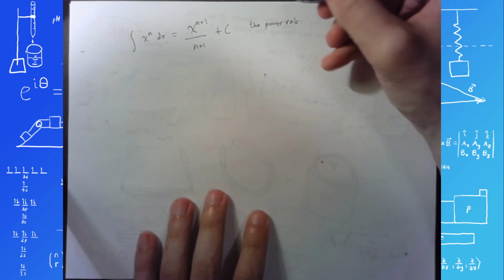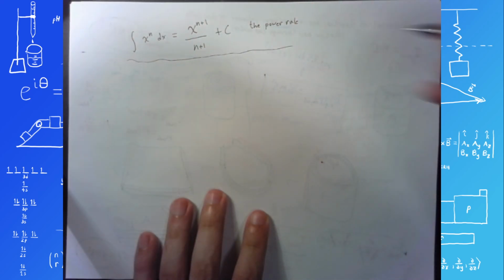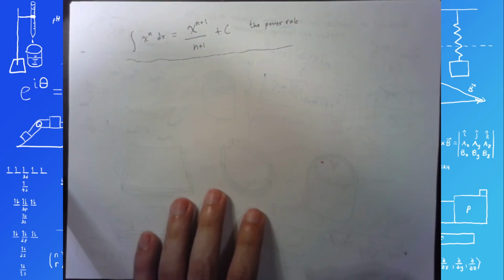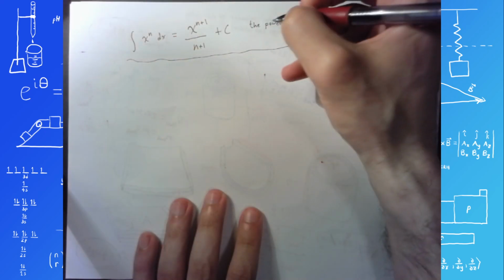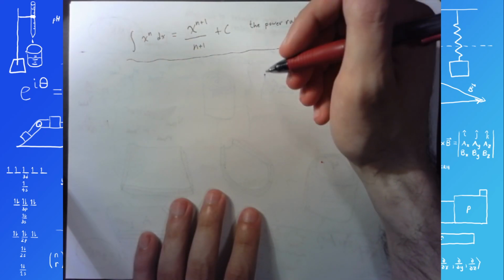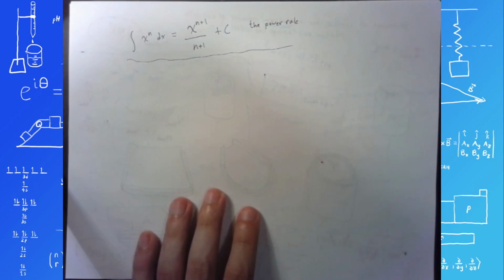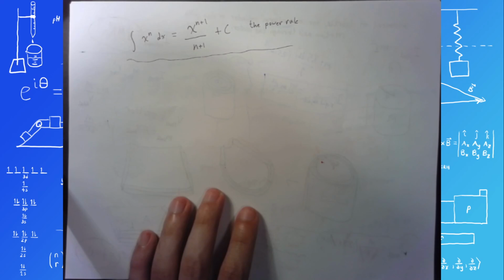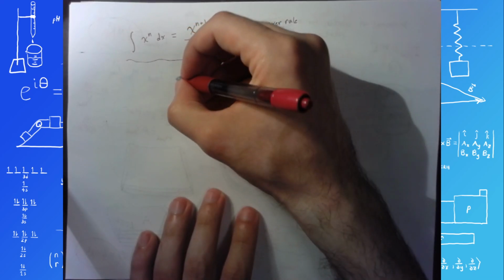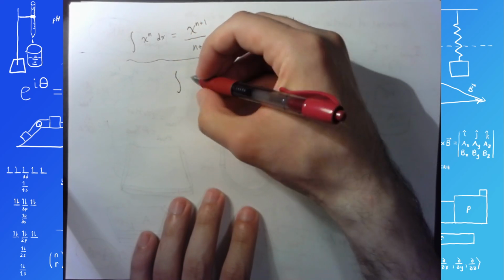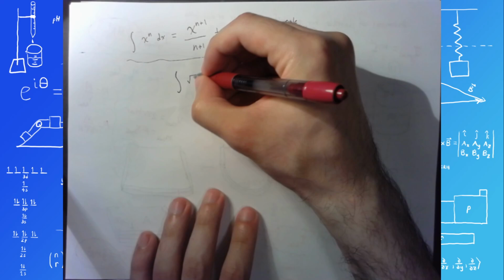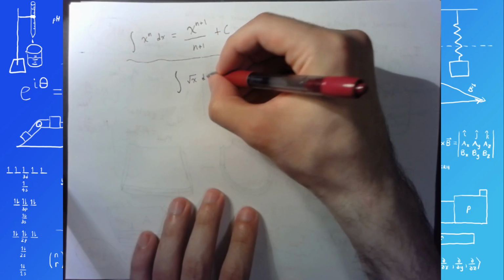Now, the great thing about the power rule is that it works on a lot of functions. It's not just for polynomial functions. It's not just for things like x squared, x cubed, x to the fourth, and so on. It also works for fractional powers. It works for something like the integral of the square root of x.